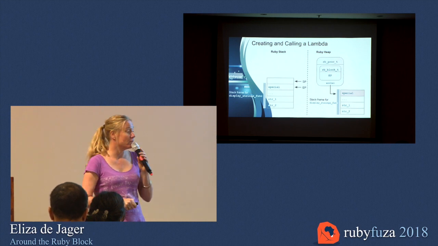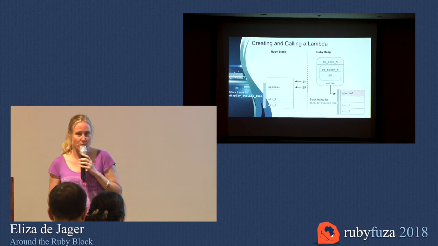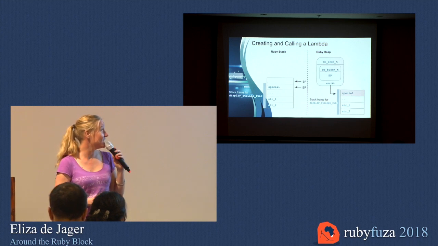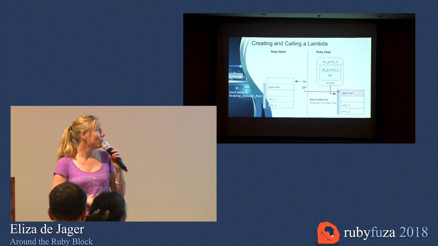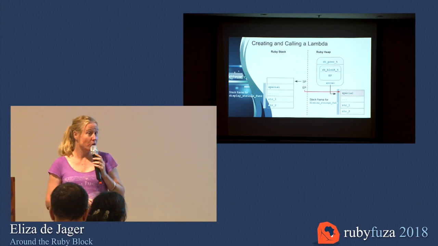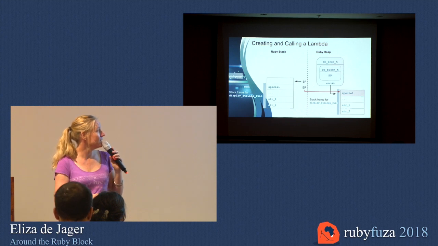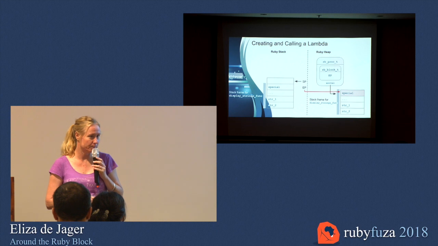And it sets its env property to point to the stack frame copy. And the next thing it does is it resets the current environment pointer over here to point to this copy of the stack frame on the heap. So this is an interesting situation because usually this environment pointer points to the stack, but now it's pointing to a location on the heap.